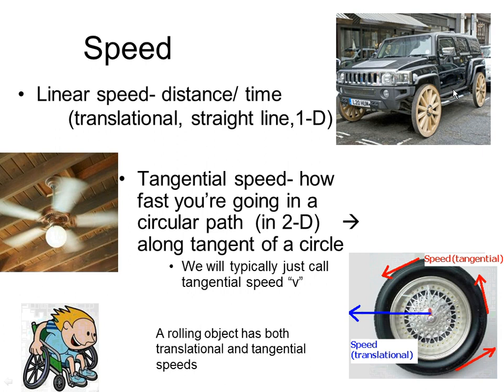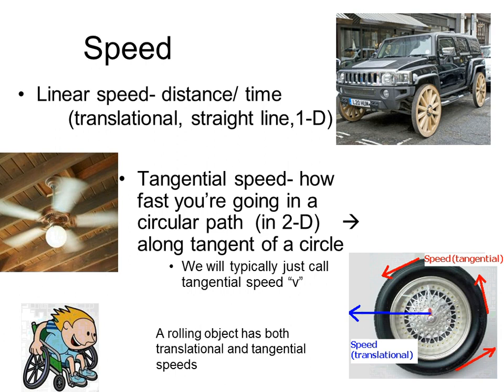How about this one? What do we think? Once again, vague question. It depends, I know, but you've got to make a choice and support it. Translational, because it's moving from point A to point B. Does it also have tangential? It depends on what you're talking about.